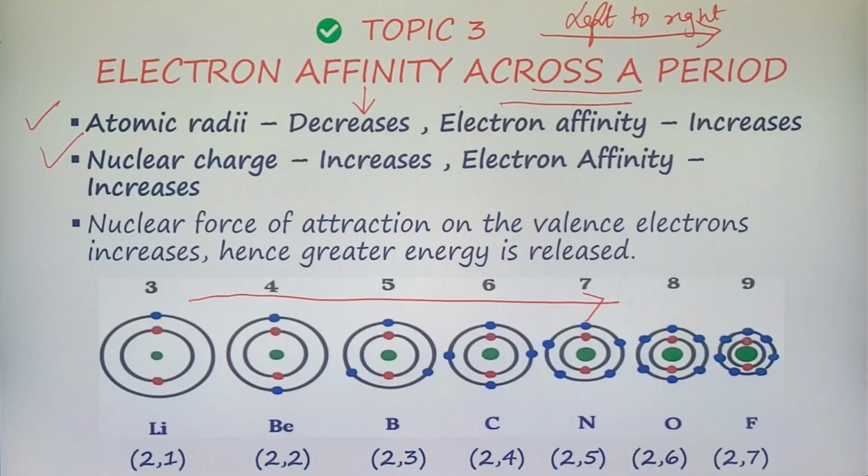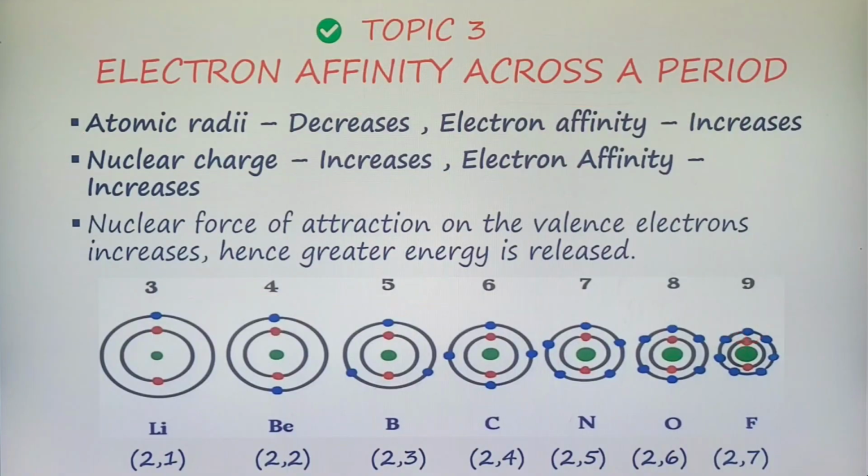So the smaller the atom, yes or no? The smaller the atom, the closer is the nucleus to the electron. And the closer the nucleus, the more will be the attraction. This is exactly what is written here. So as the atomic size decreases, the nucleus is closer to the electron.